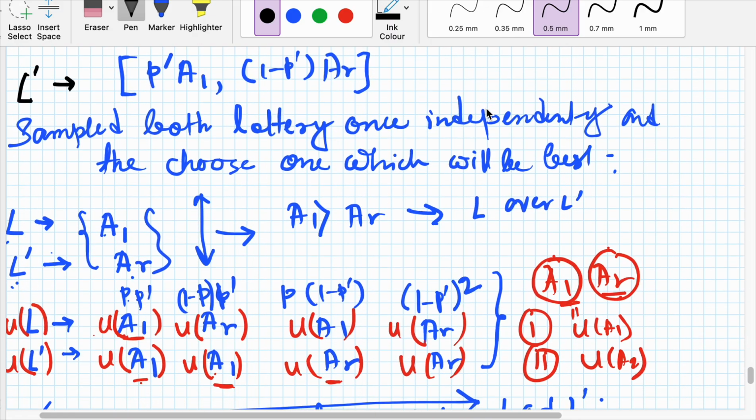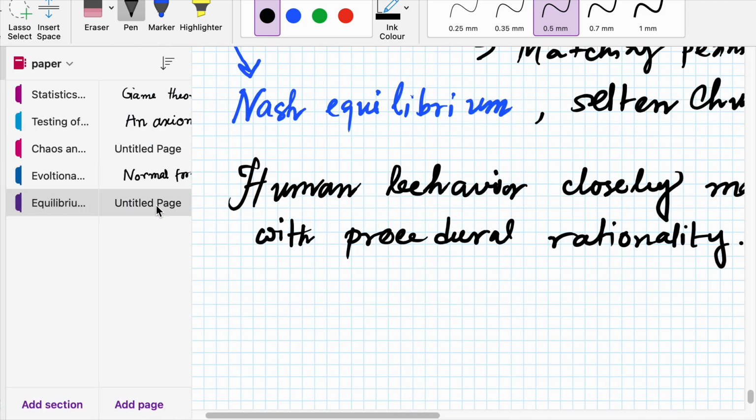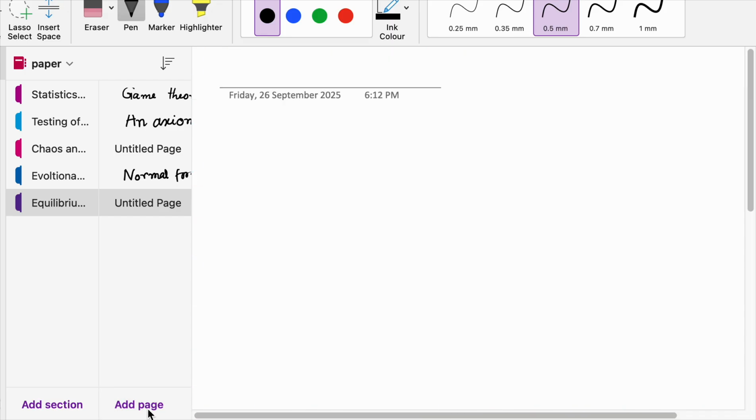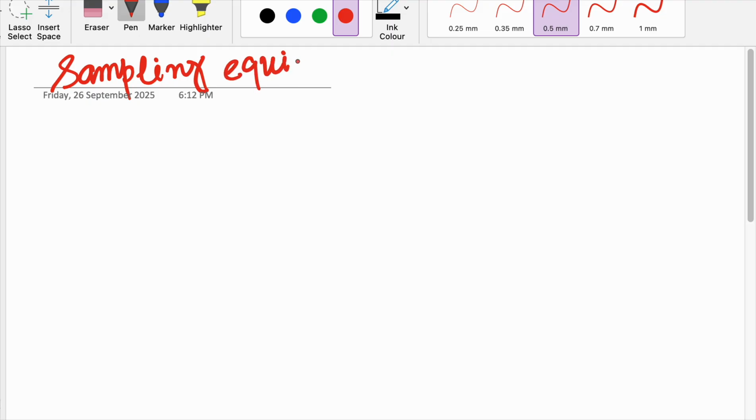Let me clear a page here. Let me write it. The chapter name is sampling equilibrium.